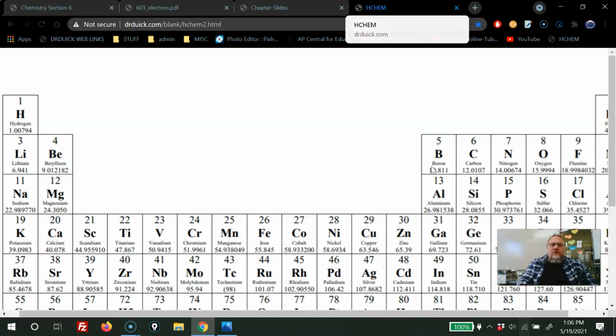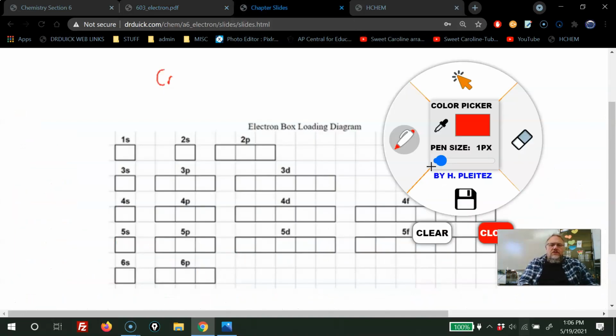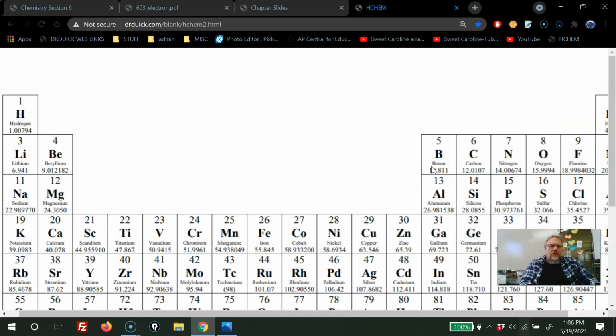So I'm going to load all these guys in real quick so you can see where we are. So this is up, down, and then we go up, up, up, then down, down, down. And we're going to go up, then down, up, up, up, then down, down, down. Now, keep in mind, look, we're on a periodic table. Now we're into 4.